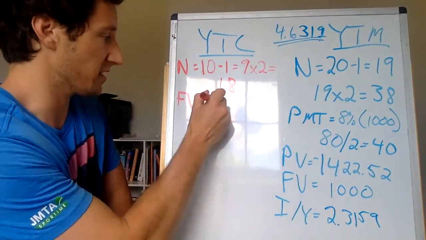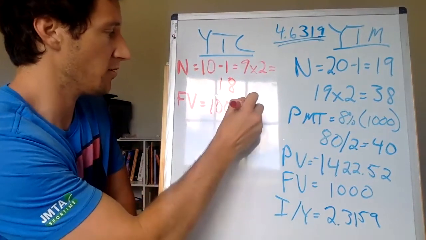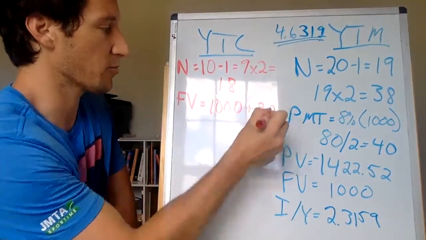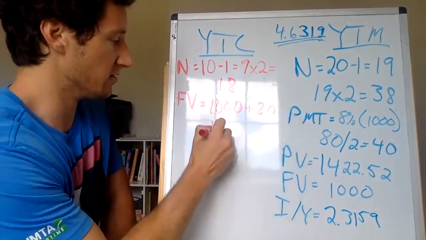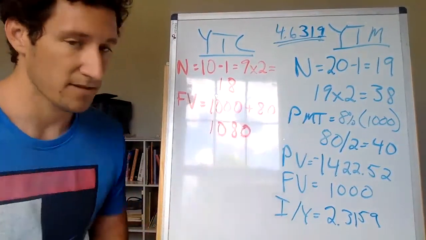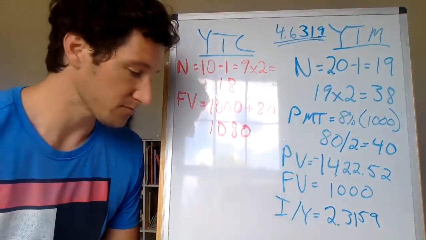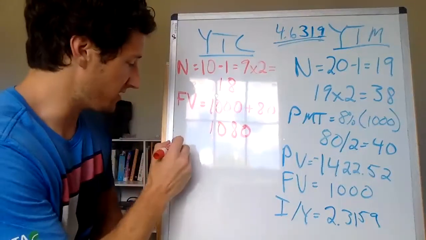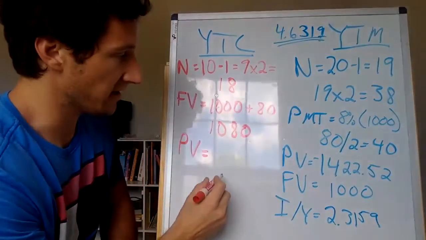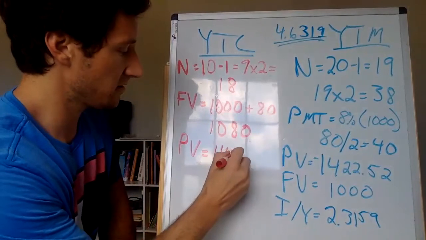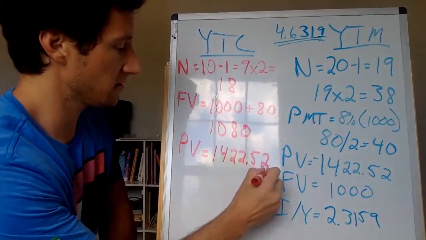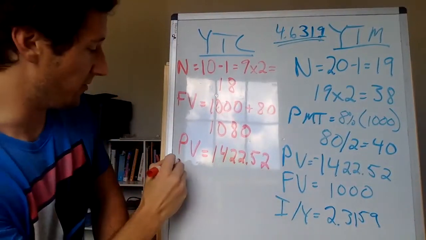So future value is going to be the 1,000, just like normal, plus this $80 premium. All right, so 1,080 is now your future value. Okay, present value stays the same. That's our price today. And payment stays the same.